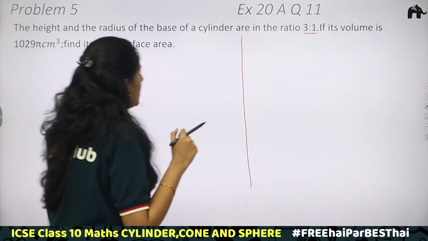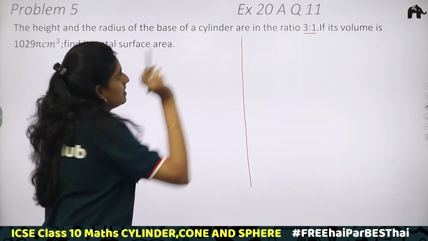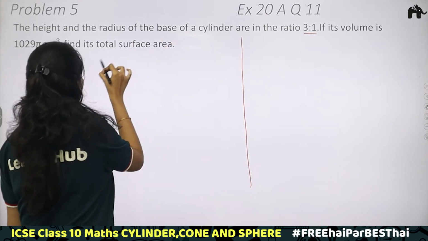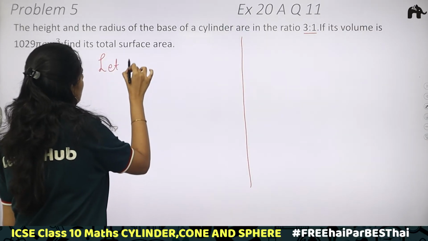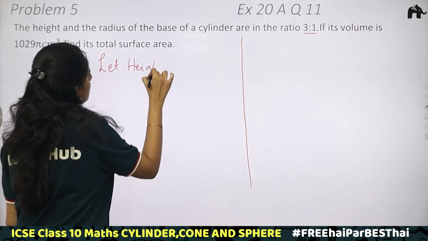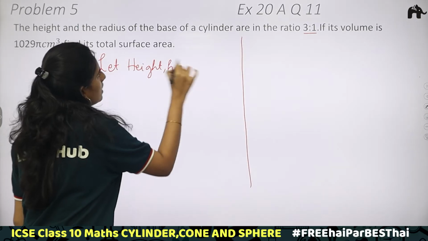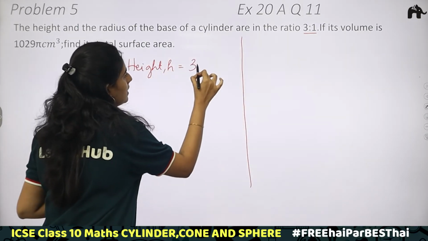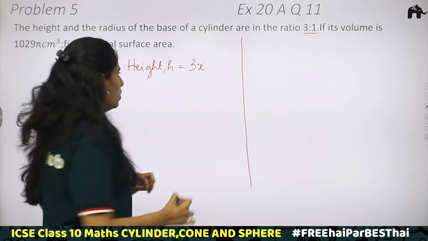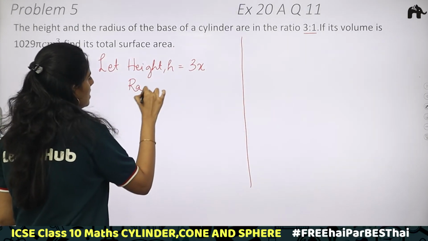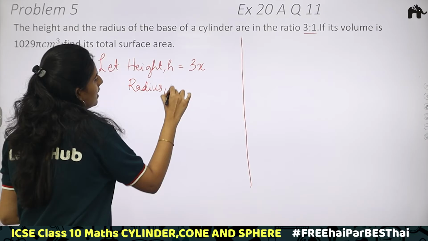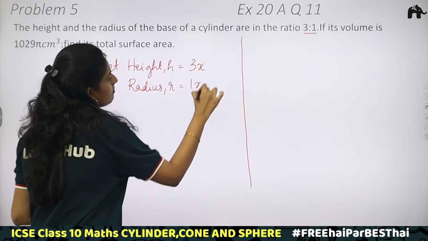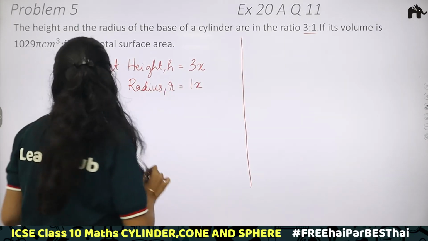The ratio of height and the radius is given. So, we will be taking, let height h is equal to, the ratio is 3:1. So, height can be taken as 3x. Okay. Then, what about radius? Radius r will be equal to 1x. What is given?